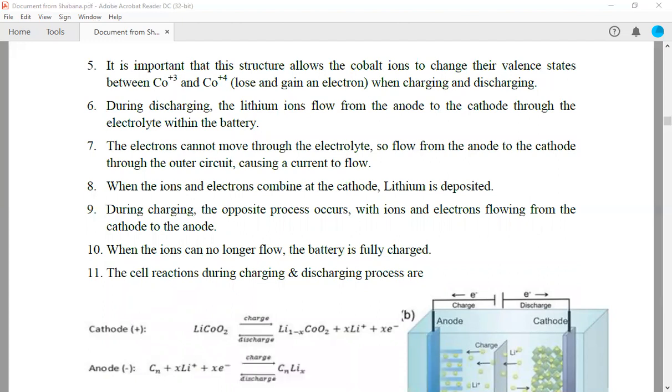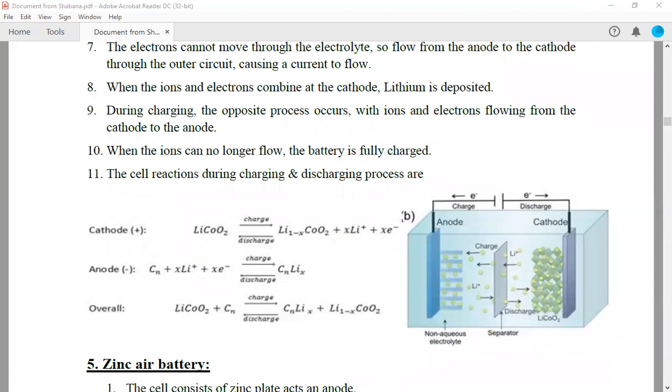During discharging, the lithium ions flow from anode to cathode through the electrolyte within the battery. The electrons cannot move through the electrolyte, so they flow from the anode to cathode through the outer circuit, causing a current to flow.